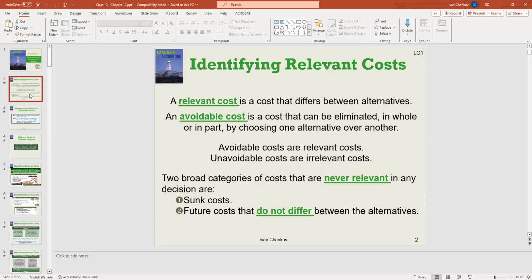Future costs that do not differ between alternatives are also irrelevant costs. What will be an example of future costs which are not different between alternatives? Again, if you decide to go to Cancun or Hawaii, in both options, regardless of where you're gonna go, you still have to go to the airport.